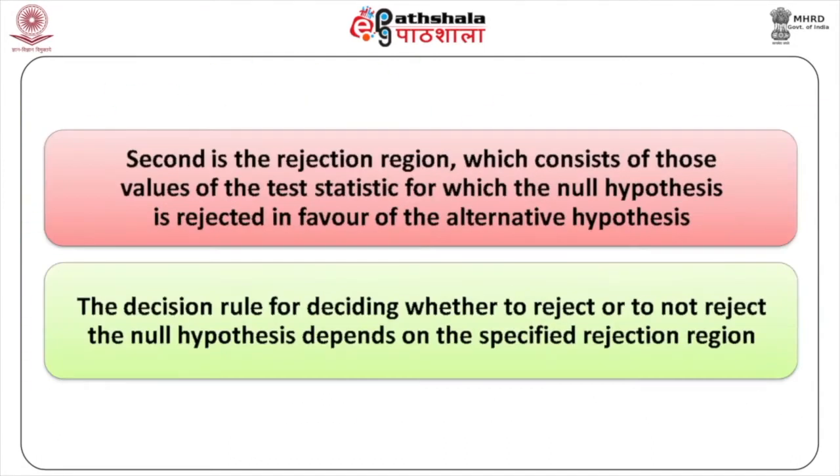Second is the rejection region, which consists of those values of the test statistic for which the null hypothesis is rejected in favor of the alternative hypothesis.